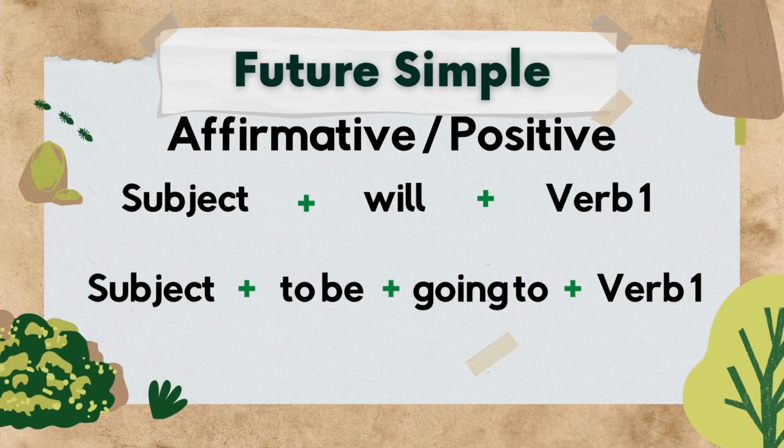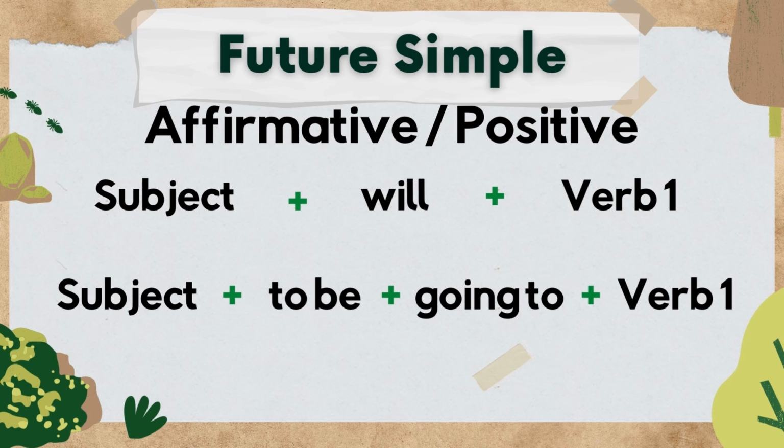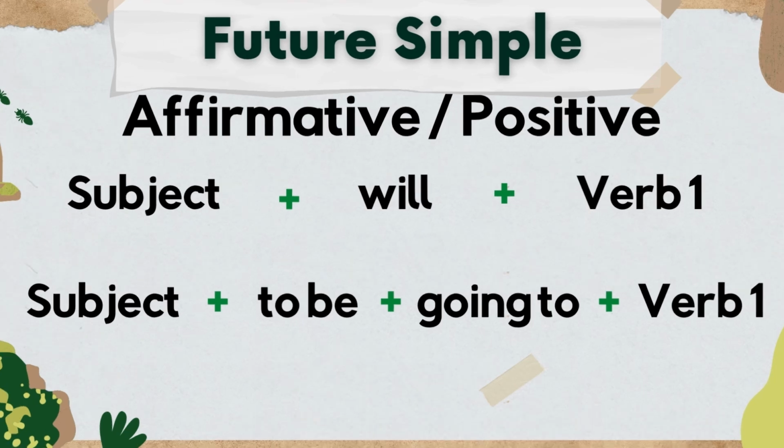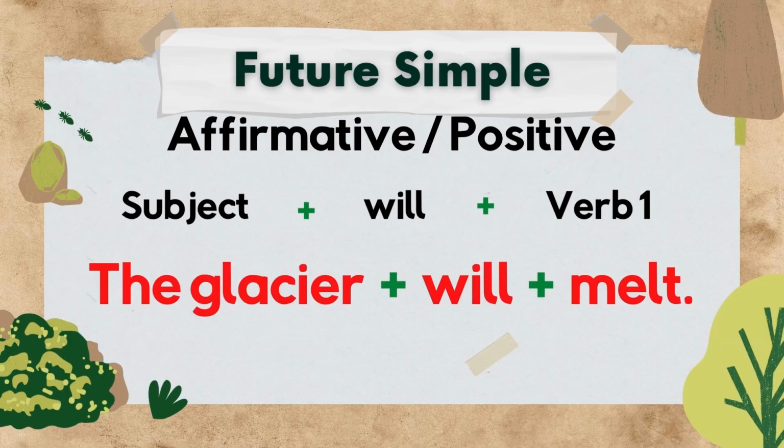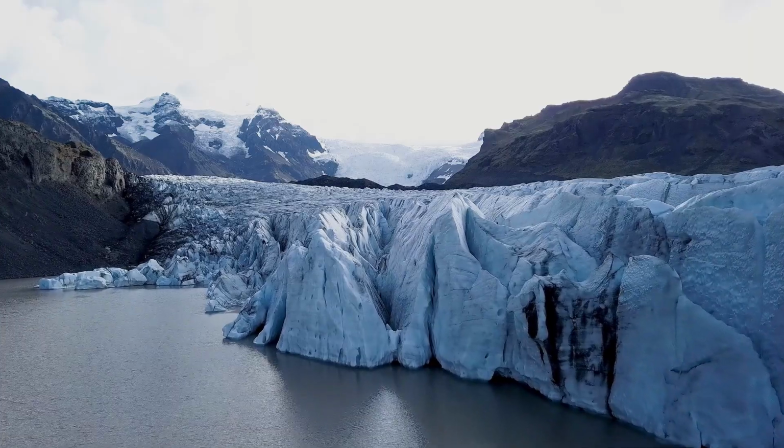In the positive, the future simple is formed with subject plus will plus verb 1, or subject plus verb to be plus going to plus verb 1. Like, the glacier will melt.